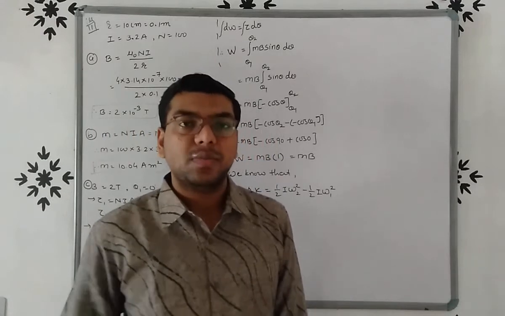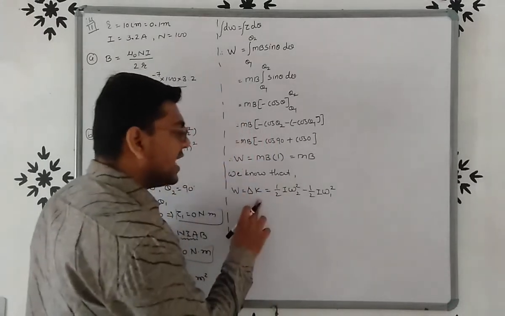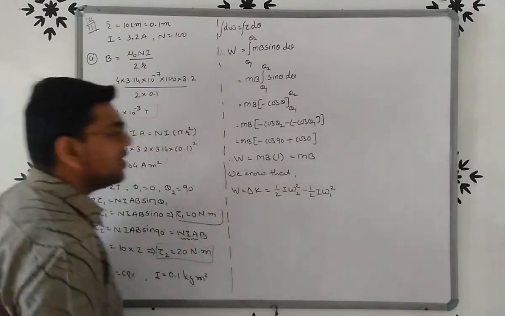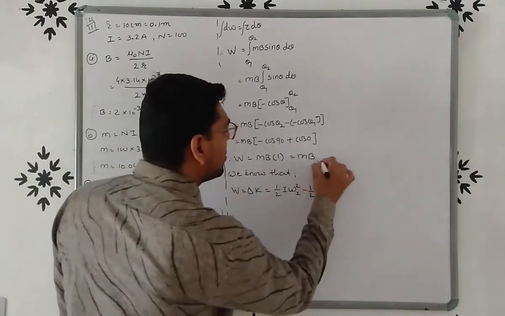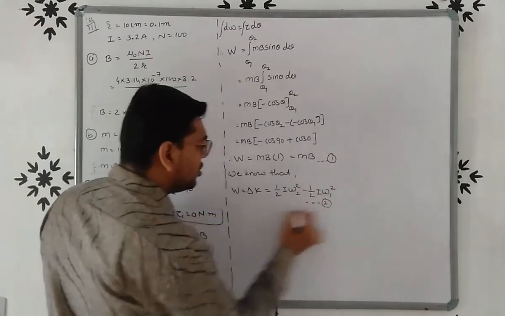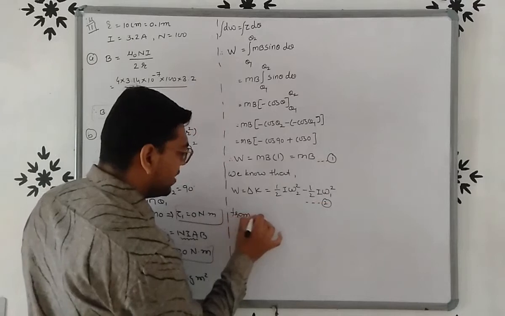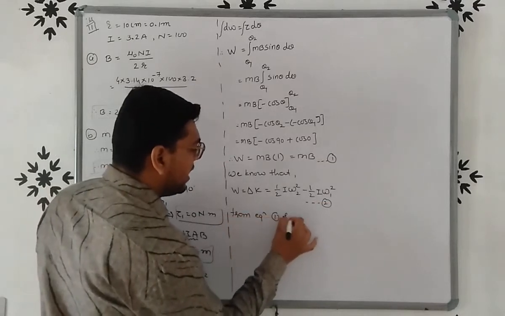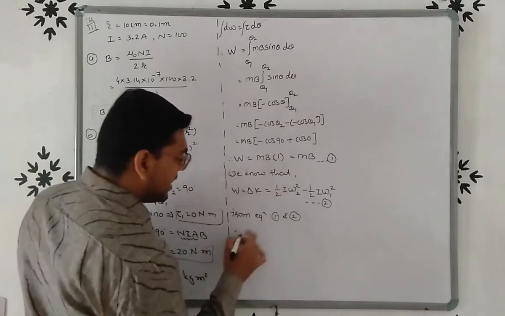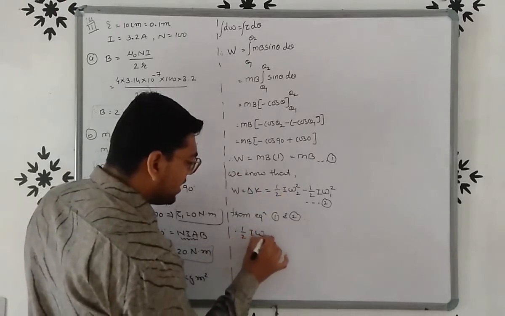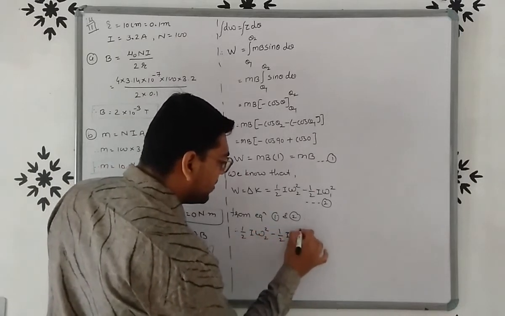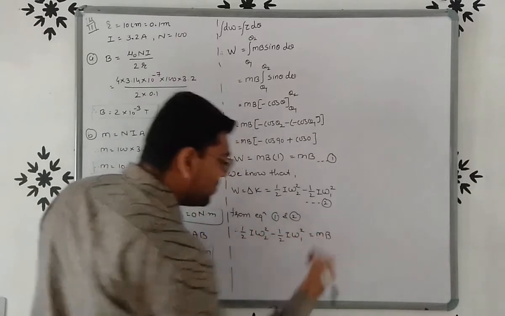So change in kinetic energy is 1 by 2 I omega 2 square minus 1 by 2 I omega 1 square. Here this is equation 1, this is 2. So from equation 1 and 2 we get W, that is delta K, 1 by 2 I omega 2 square minus 1 by 2 I omega 1 square, is equal to mB.